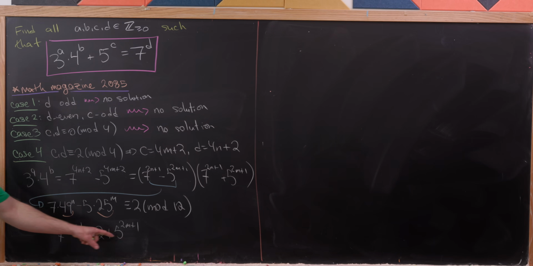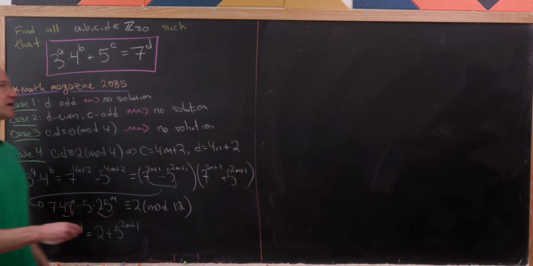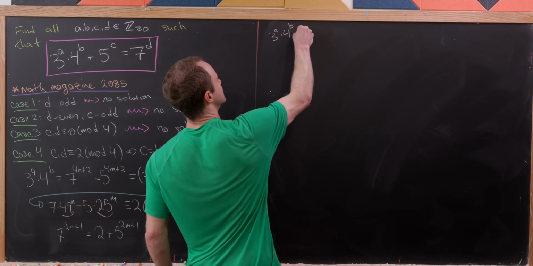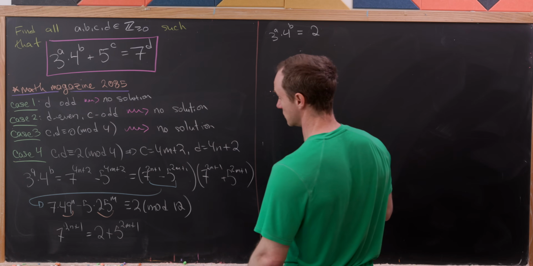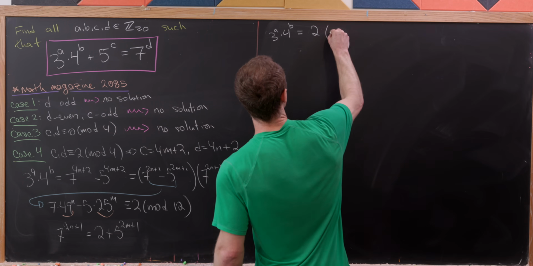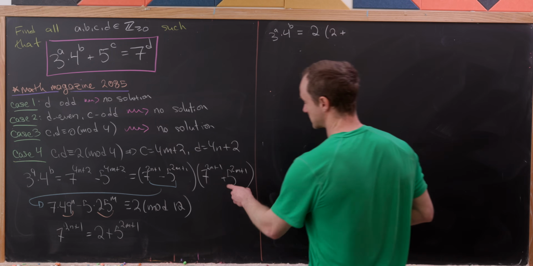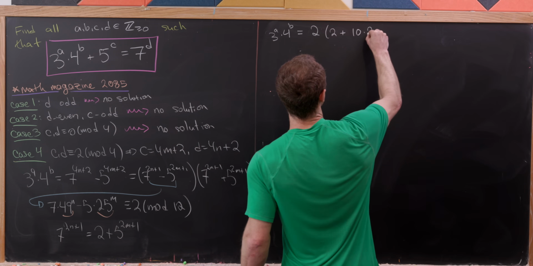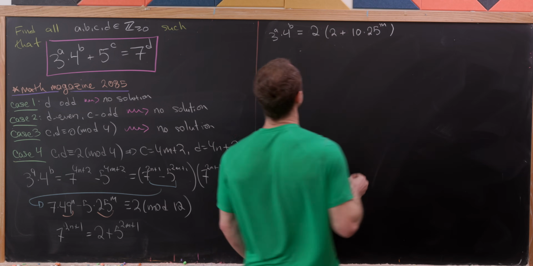Well, now we can plug this version of 7 to the 2n plus 1 into the right-hand side over here and produce this equation. So we have 3 to the a times 4 to the b is equal to 2. Recall that this term had to be 2. And then after that, it's 2 plus 5 to the 2m plus 1 plus 5 to the 2m plus 1. But after rewriting a little bit, that's the same thing as 10 times 25 to the m.